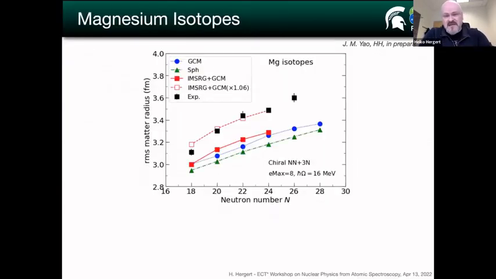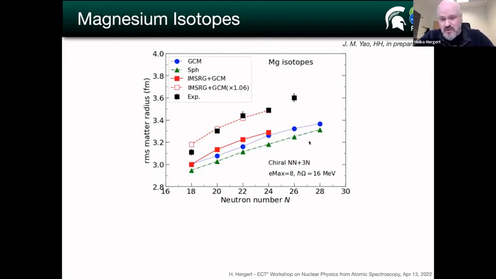So as a starter, I'm showing you some data here that is already quite a few years old, and we're working hard on getting that out sooner or later. This is a calculation of the charge radii, actually, of the magnesium isotopes using a chiral 2- and 3-body force and different flavors of methods.